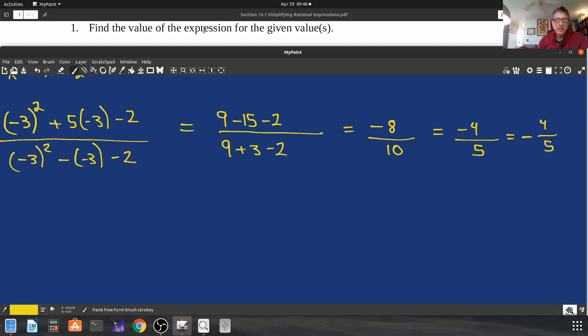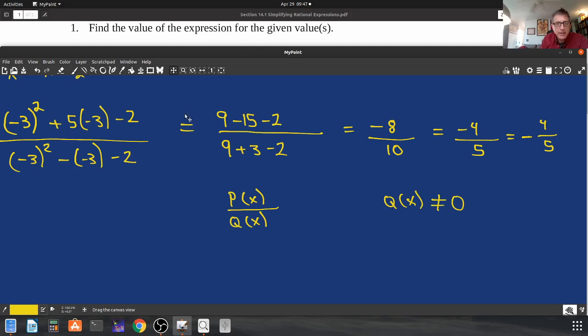Okay. So notice, just a little bit of a reminder, that our rational expression P over Q, P of x over Q of x, where these are just two polynomials, requires that Q of x is not equal to 0.